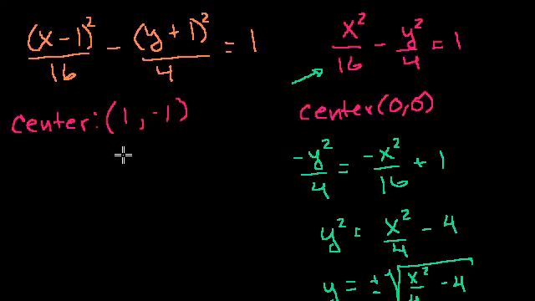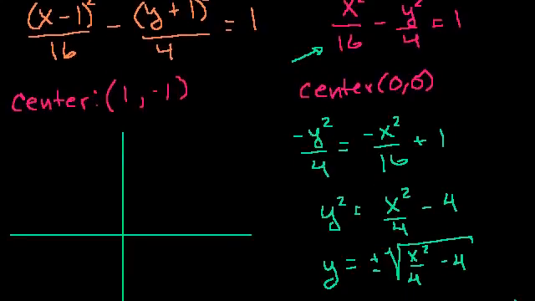So this is my x-axis. And the center of this is at 1, negative 1. So x is equal to 1. y is equal to minus 1. Fair enough.